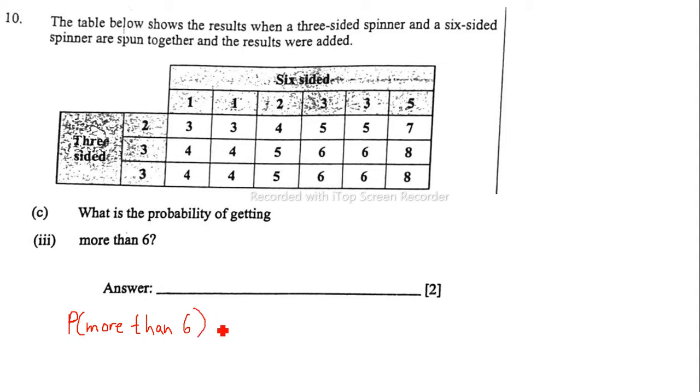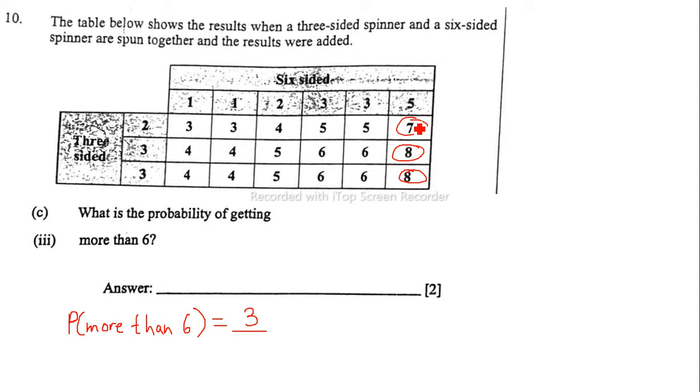Probability of more than 6 is going to be 7, 8, and 8. So it's going to be 3. I thought you only count to number 1, so I get 2. That's what I'm saying. You count the numbers because this is the total possibilities.